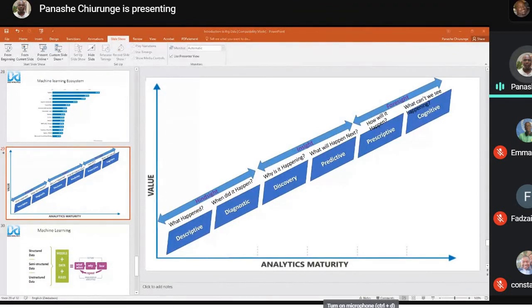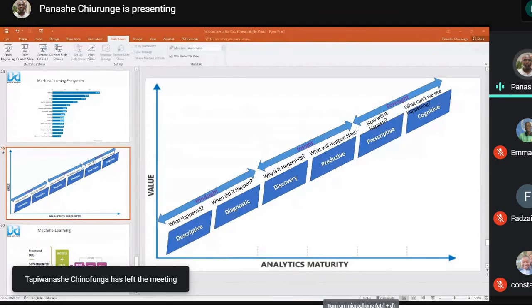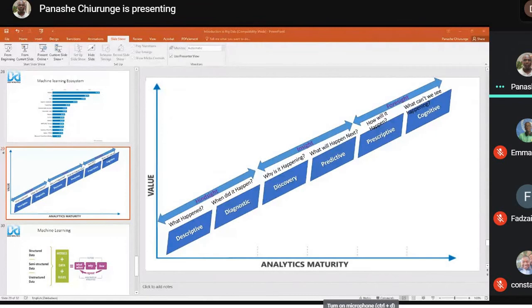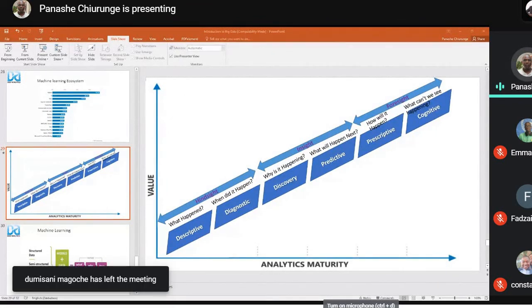Right. So let's talk about analytics maturity. Analytics maturity looks at the type of analytics and the value that you derive from that particular type of analytics. Right. So the first is descriptive analytics. Descriptive analytics looks at what happened, right?